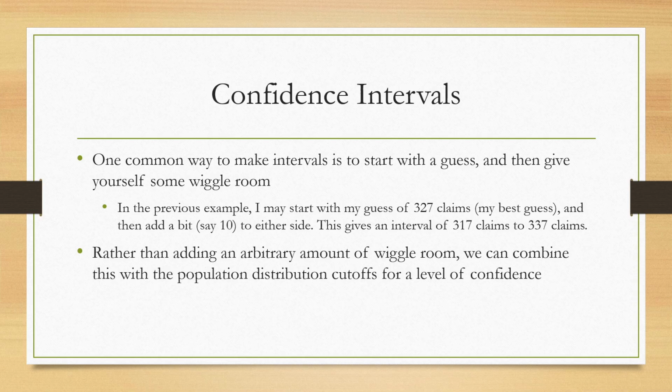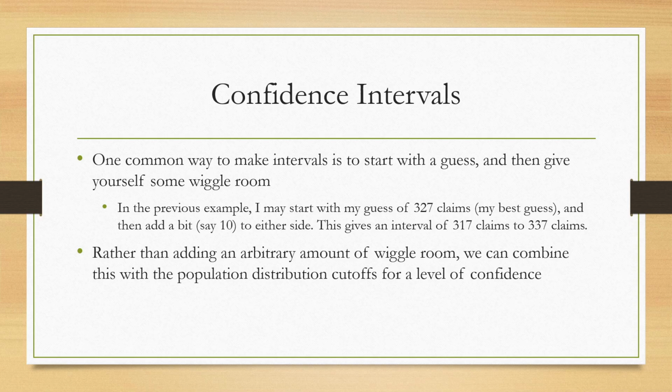Now, this wiggle room that I just added is completely arbitrary. I just made up that number 10 because I don't know. So rather than adding an arbitrary wiggle room, what we can do is combine the concept of the interval with the population distribution cutoffs for the level of confidence that we had before.